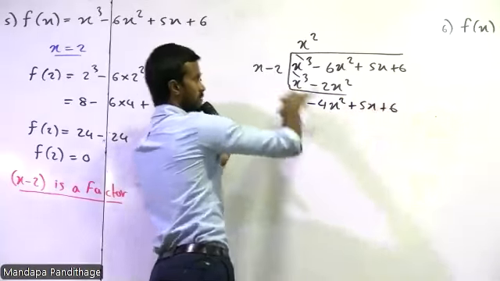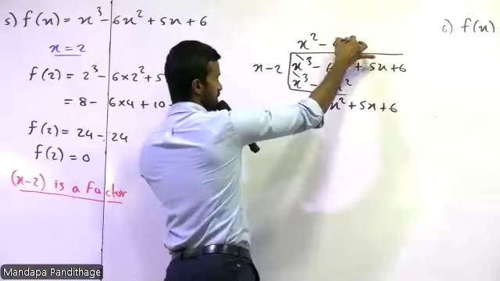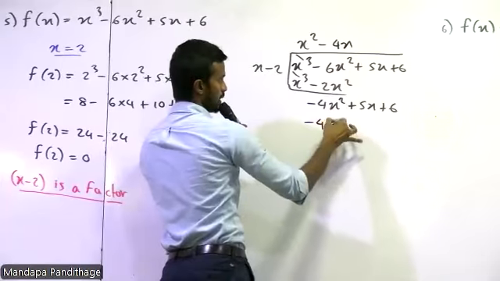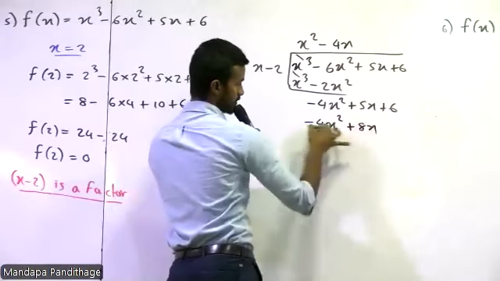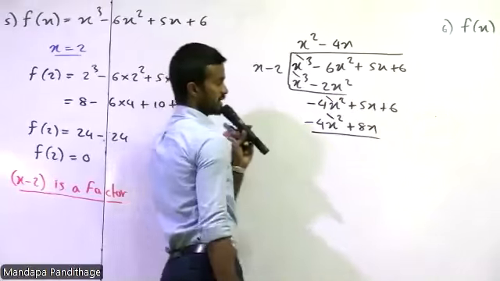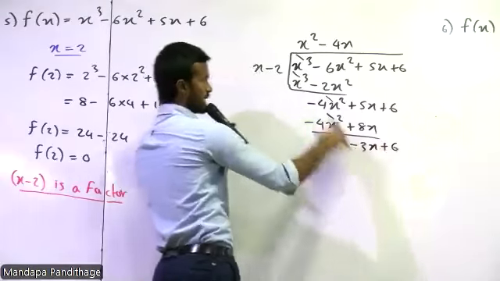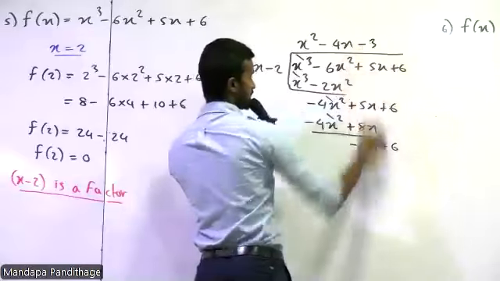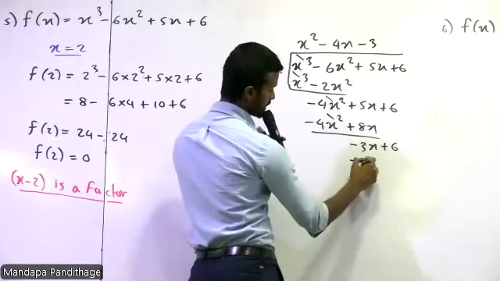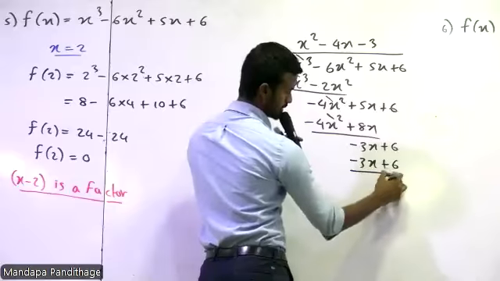Then minus 4x squared divided by x is minus 4x. Minus 4x squared plus 8x. When you simplify, 5 minus 8 is minus 3, plus 6. Minus 3x divided by x is minus 3. Multiply, it's minus 3x plus 6, which gives 0.